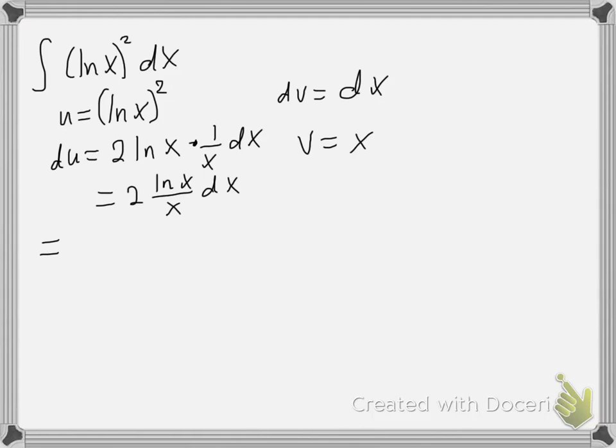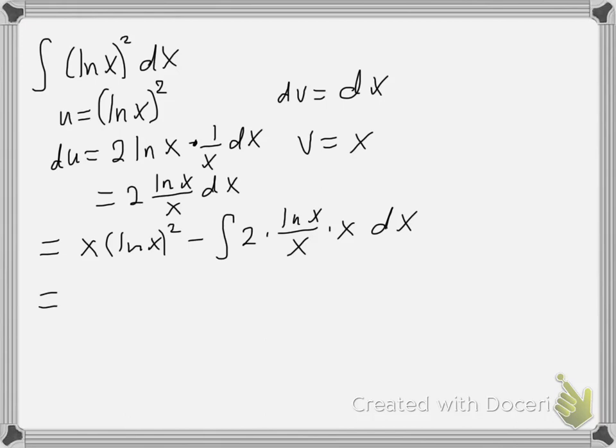So taking the product of u and v, this is going to be x times the natural log of x quantity squared minus the integral of v du. So that's going to be 2 times natural log of x over x times x dx.